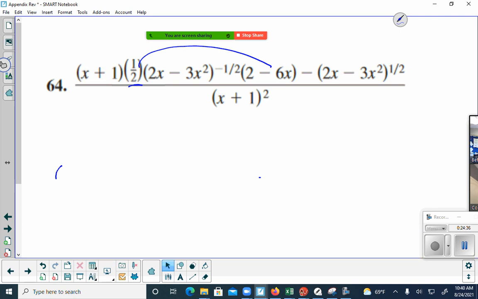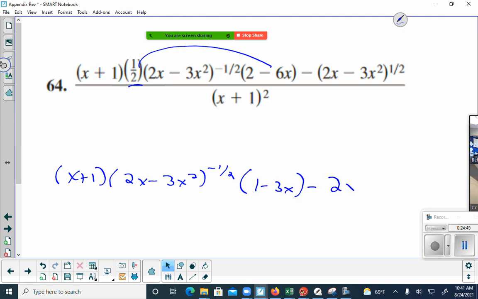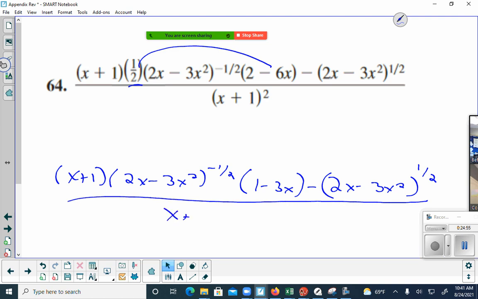So now I'm left with x plus 1, then 2x minus 3x squared to the negative 1/2. And then when I multiply by that 1/2, I had 1 minus 3x minus 2x minus 3x squared to the positive 1/2, and this is all over x plus 1 squared.